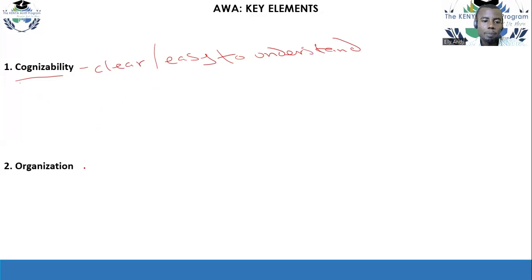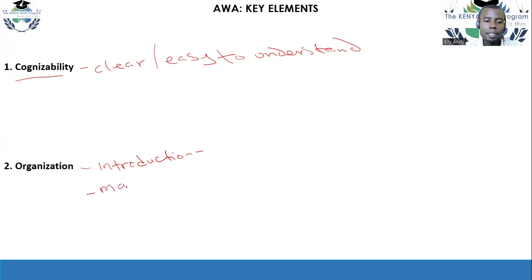Then we come to the second element, that is the organization or the anatomy of the essay. A good essay should be organized from the start to the finish. And this one is not such a complicated element because for analytical writing assessment, basically the structure should be an introduction, that is the first paragraph.